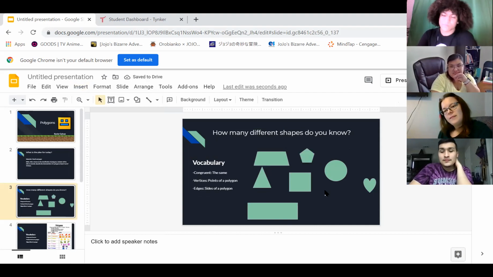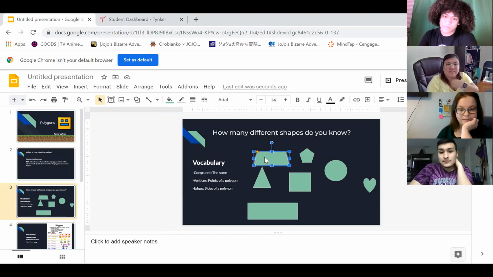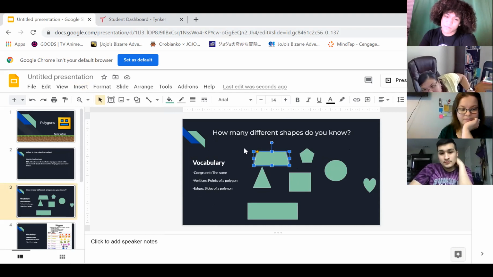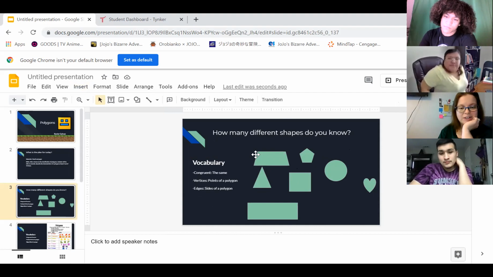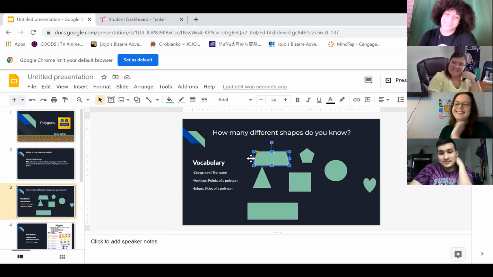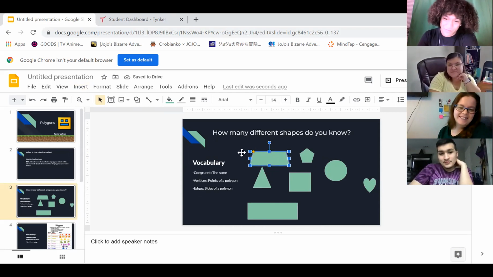So, think about these shapes. They're all made up of, does anybody know what these edges are called? Edges. Yeah, kind of gave it away. But what are these corners called? Vertices.